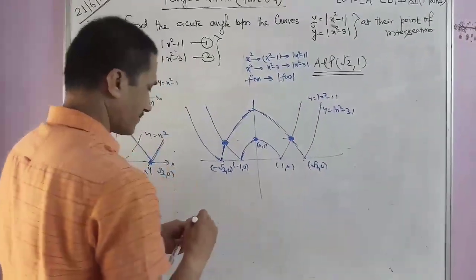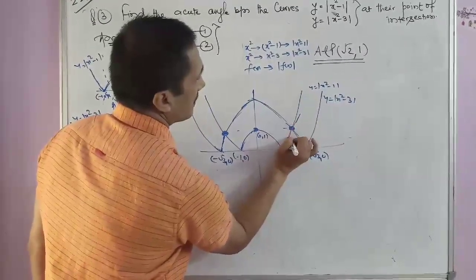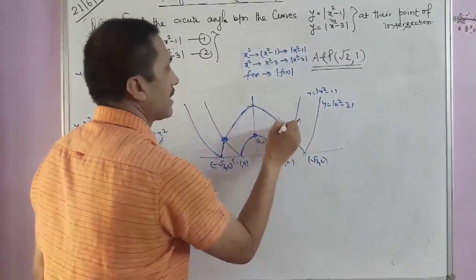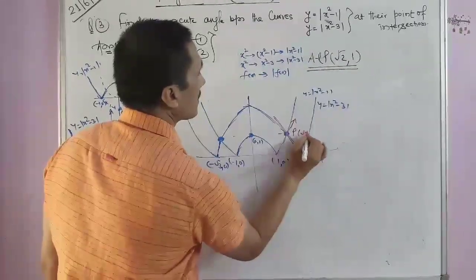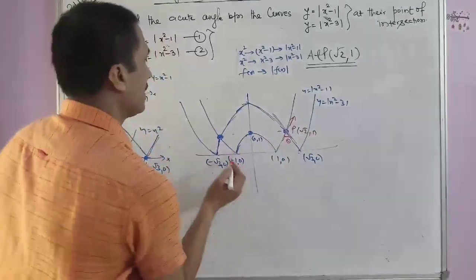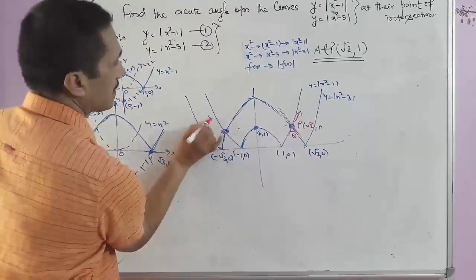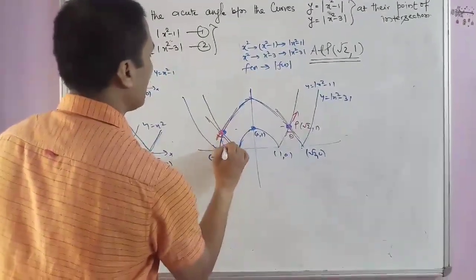Clearly the tangents are here, at point P (√2, 1), and this is the angle θ. Here this tangent, angle θ.